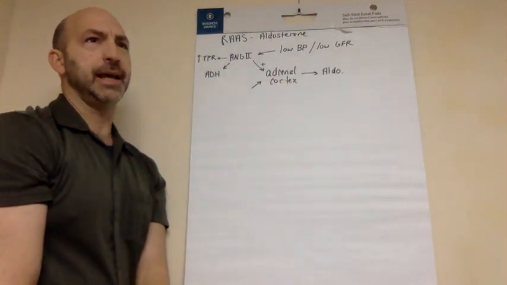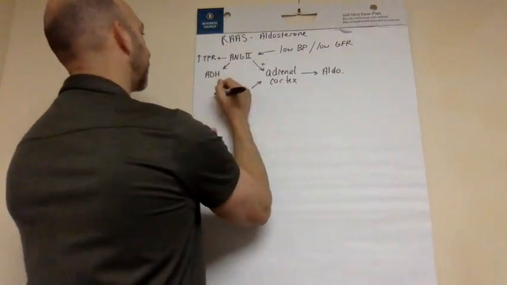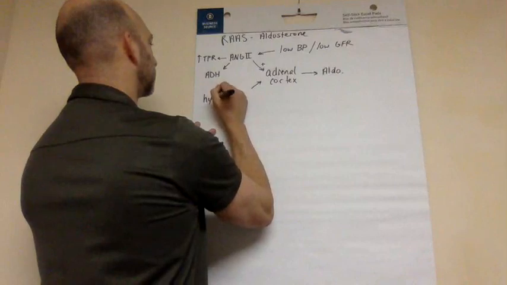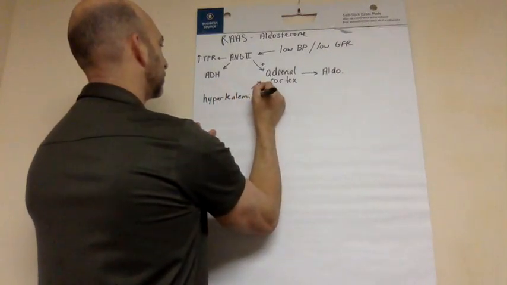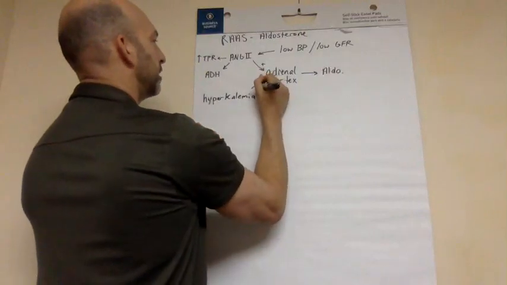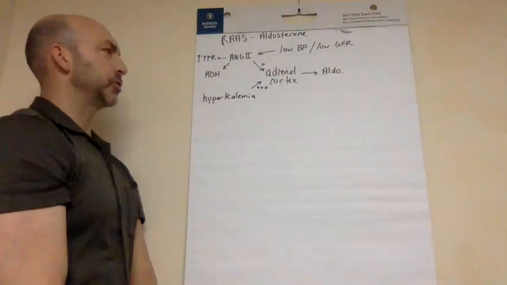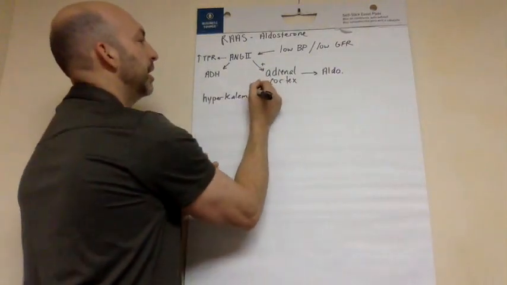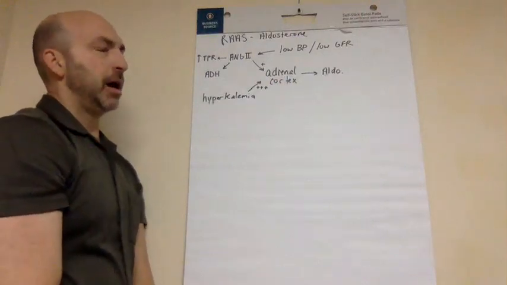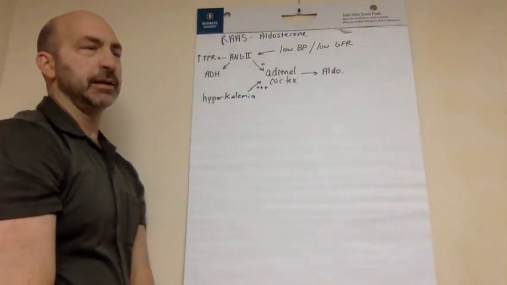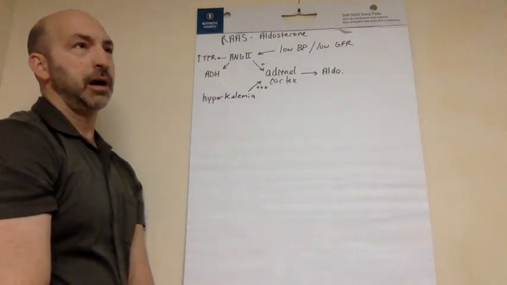Hyperkalemia being an excess of potassium in the extracellular fluids. And I'm going to put a plus next to that one because that is definitely the larger, more potent stimulus for aldosterone secretion. And the rationale there is that high extracellular potassium is dangerous.